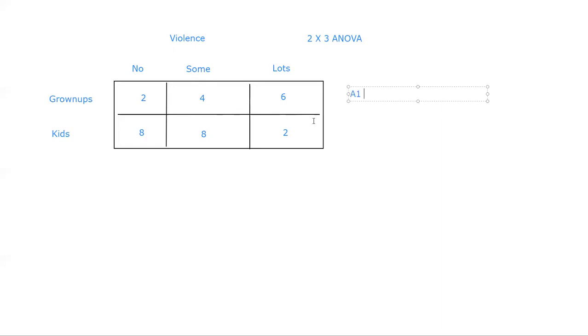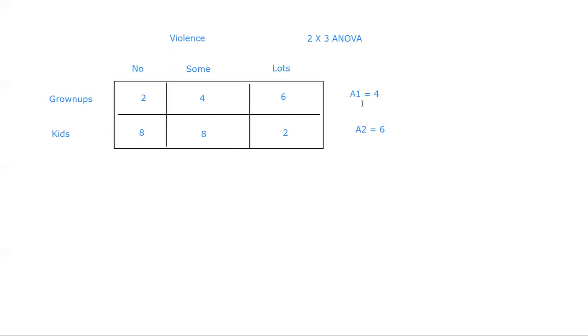A1 is the average of these 3 scores, the 2, the 4, and the 6. So the average is a 4. For the kids, they're the A variable level 2. So the average of the 8 and the 8 and the 2 gives us an average of 6.